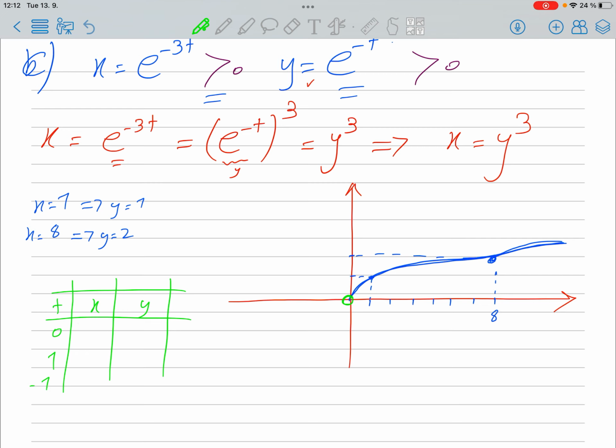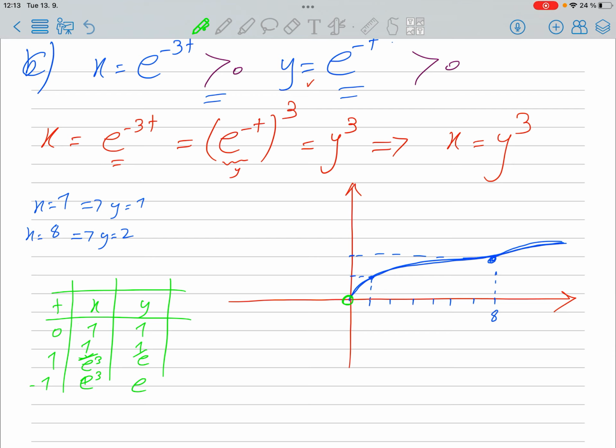So if t is 0, then x and y is 1. If t is equal to 1, then x is equal to 1 over e to the third, and y is equal to 1 over e. And if t is equal to -1, it's going to be e to the third, and this is e, right?